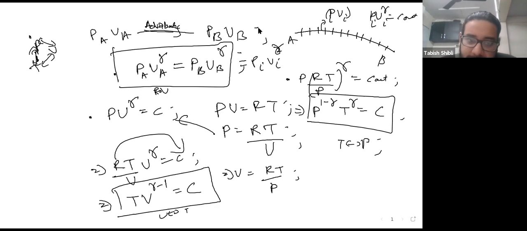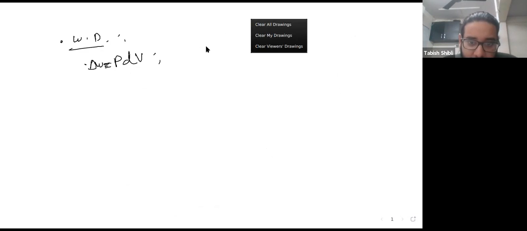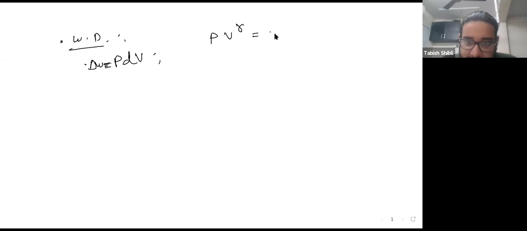Let's think about what is the work done in such a process. Well, work done is defined just by P delta V, right? Delta W is just P dV, right? And I've already told you that PV to the power gamma is a constant. Let's call this constant a capital C. So essentially you have P is equal to this constant C divided by V to the power gamma.